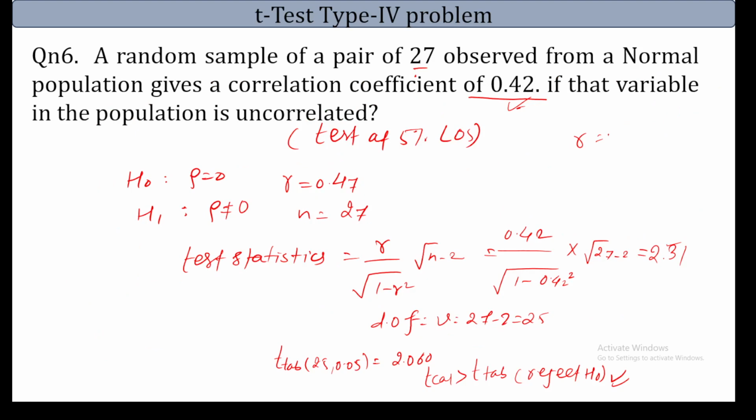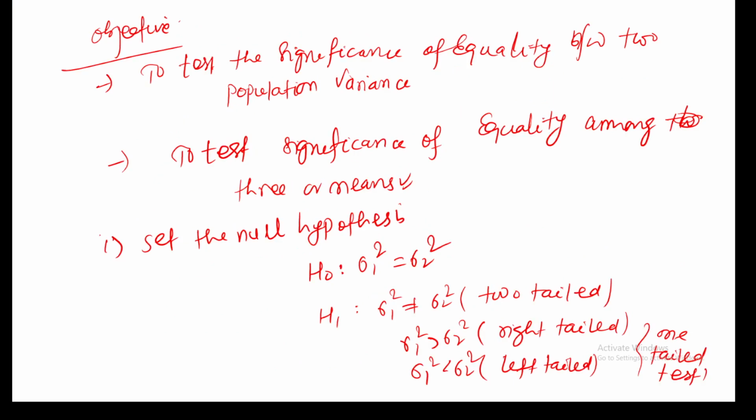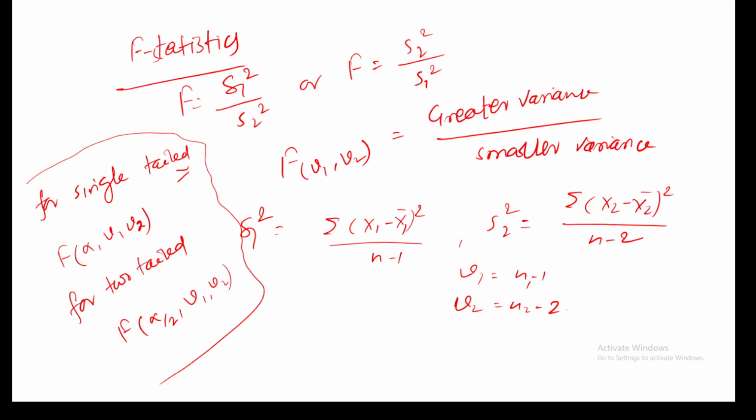So the F test. Here we have the formula. This is the T test only. In the same way here also we have to start with the null hypothesis, then we can go for the alternate hypothesis. For the formula, we have F is equal to s1 square by s2 square.